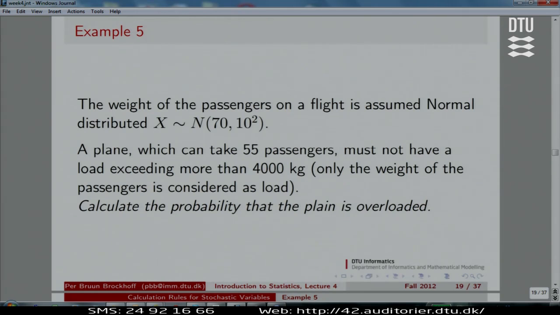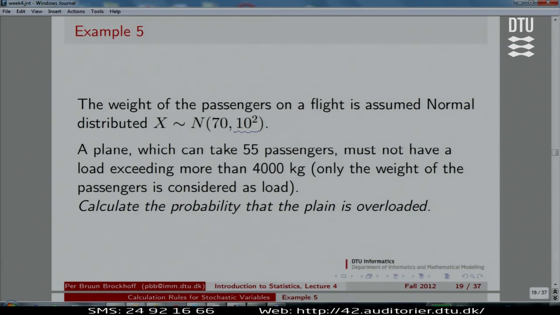Let's assume that the weight of passengers coming to an airplane follows a normal distribution with, on average, 70 kilos for people and a standard deviation of 10 kilos. So we have a model saying that people are most often between 50 kilos and 90 kilos, 2 standard deviations to each side.